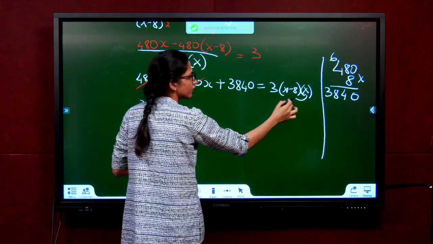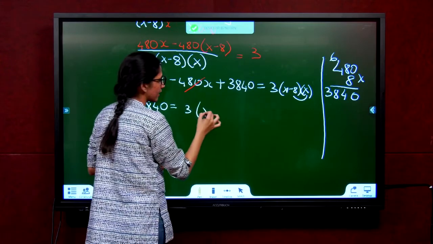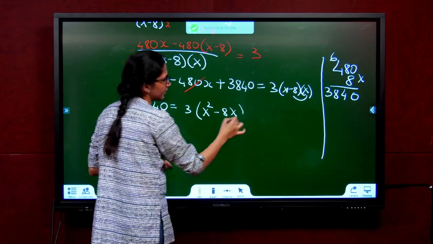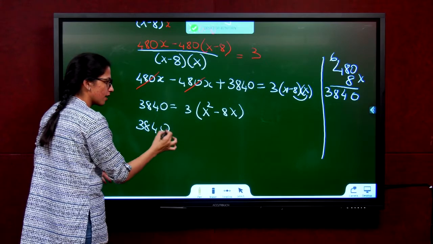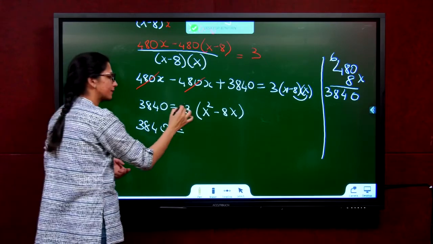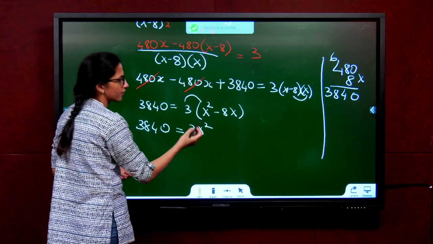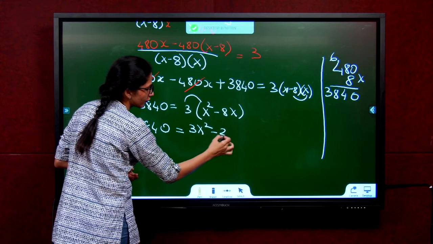We will use the x first. So x into x, x square. X into minus 8, minus 8x. Next, 3840 is equal to, now multiply the 3 inside. 3 into x square, 3x square. 3 into minus 8x, 3 8s are 24.